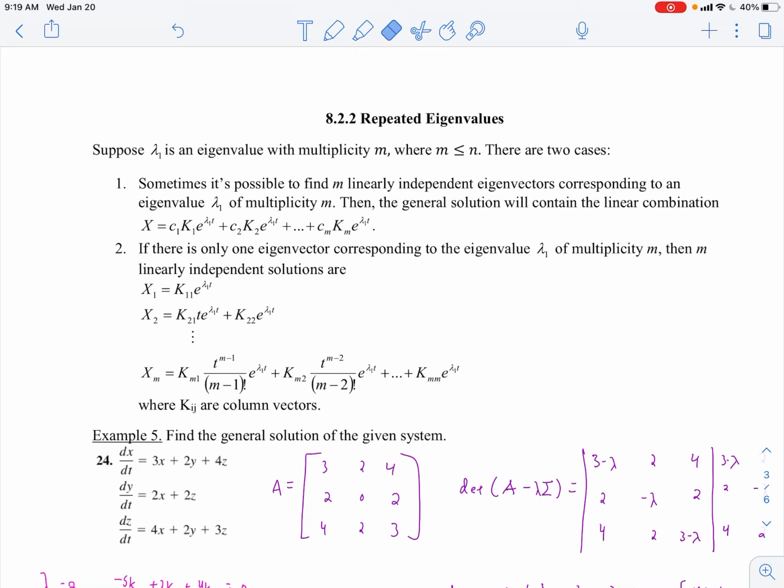Then the general solution will contain the linear combination x equals c sub 1 k sub 1 e to the lambda sub 1 t plus c sub 2 k sub 2 e to the lambda 1 t plus, and it goes all the way out, writing all the different combinations that we could have for that eigenvector that corresponded to that eigenvalue.